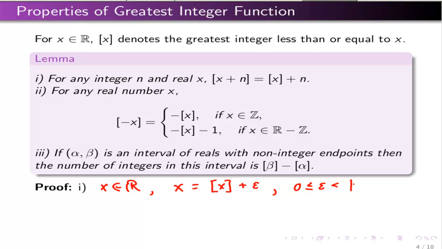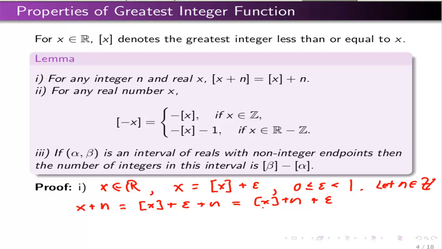And so if I add an integer n to it, then this would just be [x] + ε + n, which is this integer plus epsilon. And therefore this is the greatest integer part of x + n.